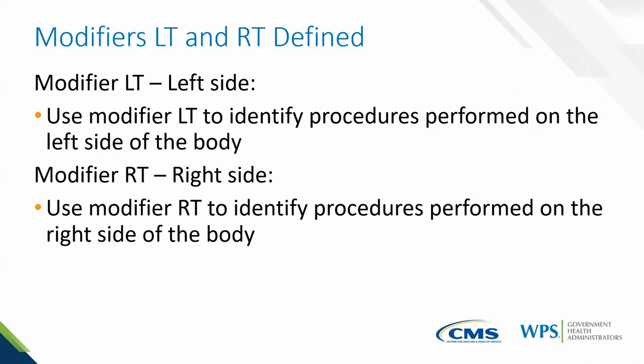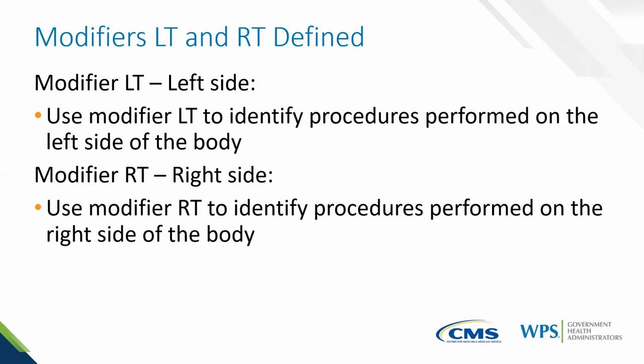One of the reasons that we see for denials quite often is a provider will bill a left knee replacement or bill a left leg amputation, etc., but they don't include that LT modifier. So then 3 or 4 years down the road, they do a right knee replacement or they have to amputate the right leg. Medicare is going to deny that service because we don't know which side it is.